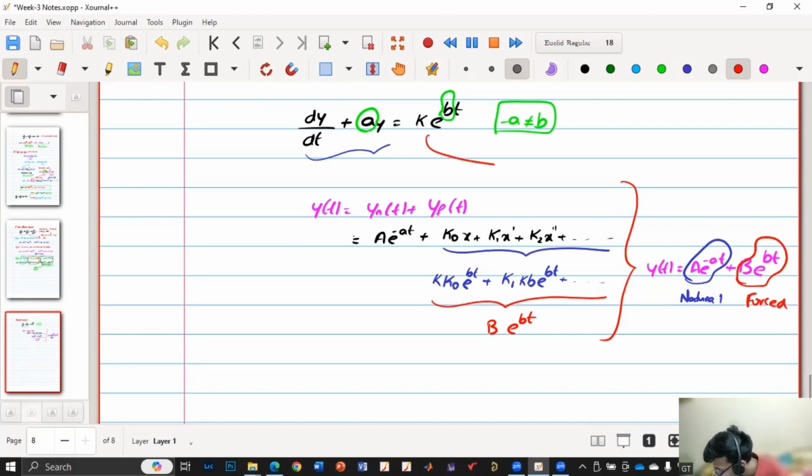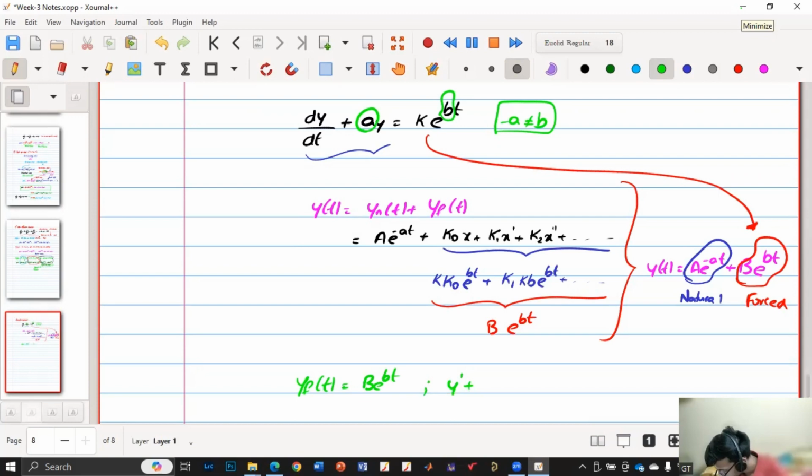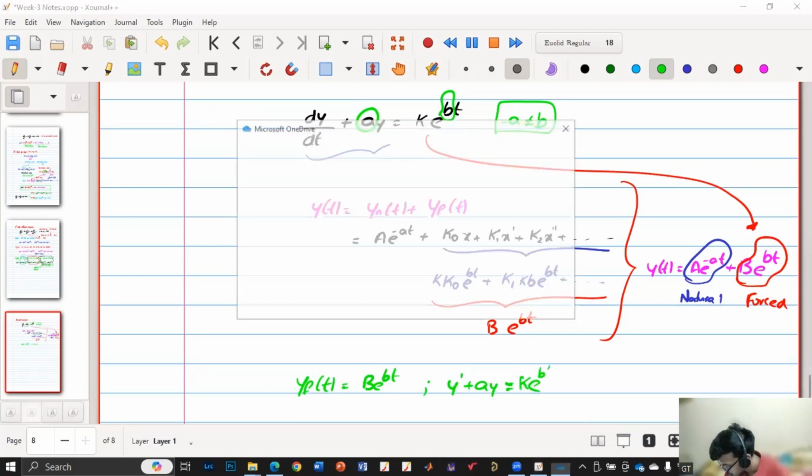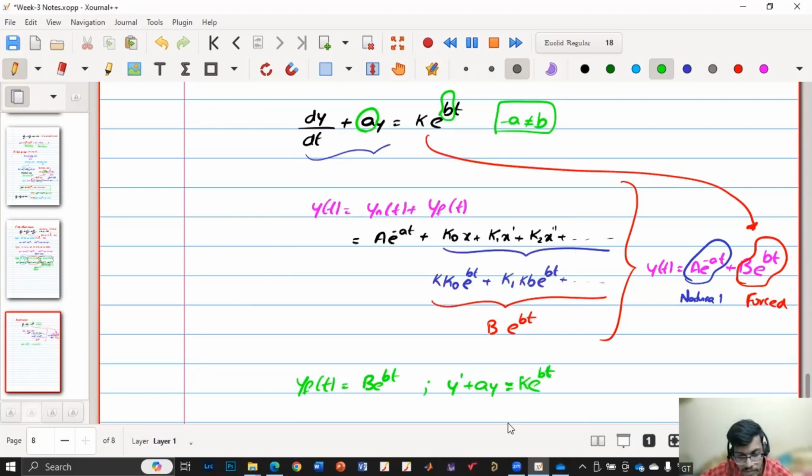But we have studied that the forced response by itself will satisfy the equation. So my y f of t is B into e to the power bt, and my differential equation is y dash plus ay is equal to k into e to the power bt, right? So this should satisfy.